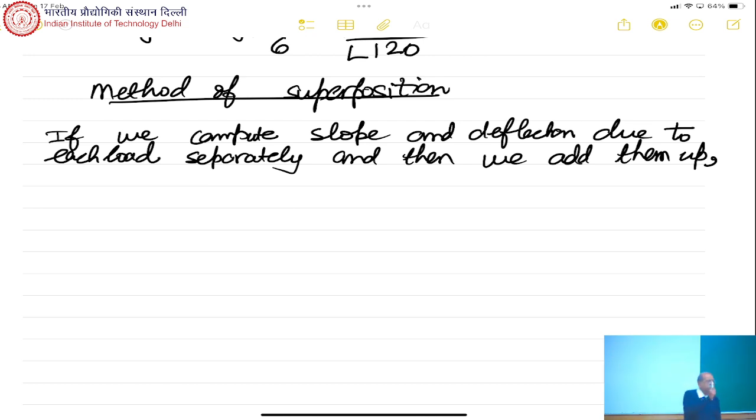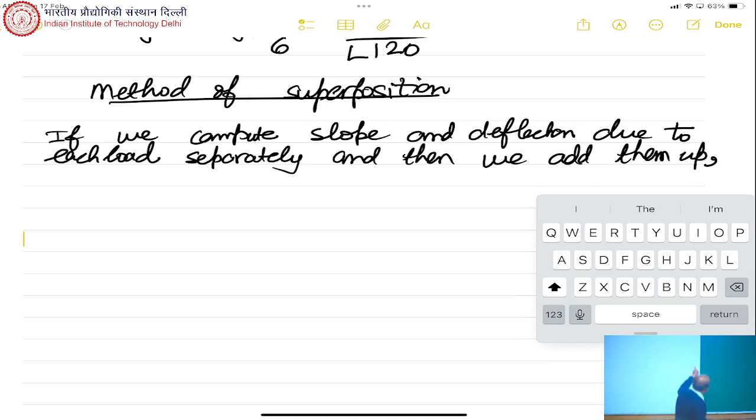Then I assume only the second load is acting. The load could be force or a moment. And I find the deflection due to the second load. And then I find the deflection due to the third load.